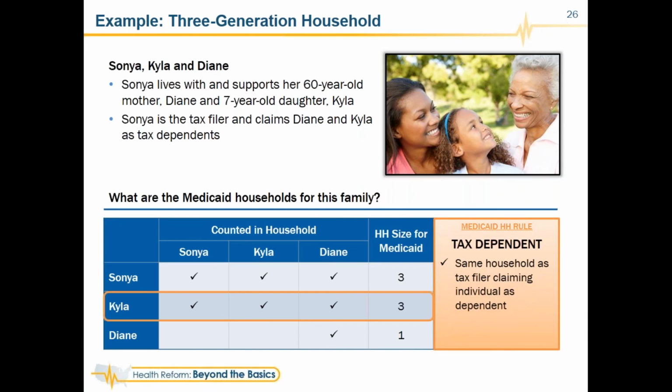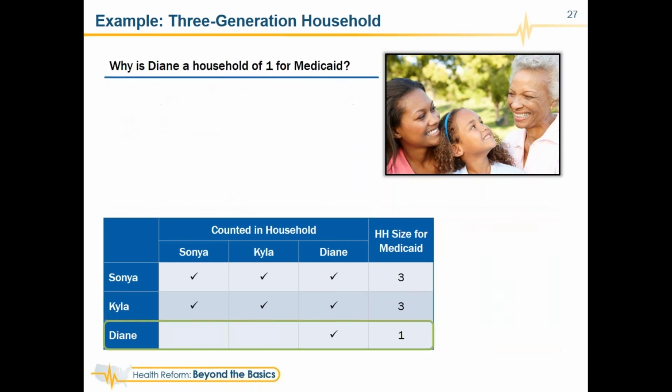Now we're going to look at Kayla. Her household is the same as the tax filer claiming her as a dependent. She does not have any of those exceptions that apply to her. She's a child, she lives with her mom, she's being claimed as a tax dependent. So her household size is the same as the tax filer's, and her household size is 3.